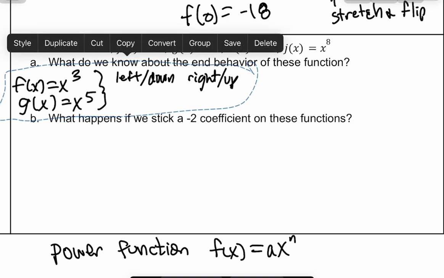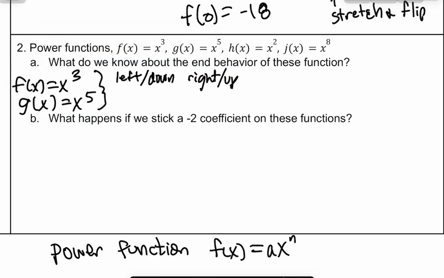This will help you if you ever take a calculus class. Left end down means x is going to the left, and y is going down to negative infinity. X is going to the right, y is going up to positive infinity. And we know that because those are odd degree polynomials or odd degree power functions. So if you have a positive odd degree, the left end goes down and the right end goes up.